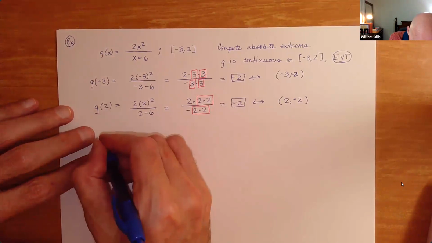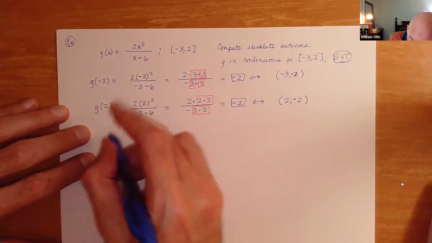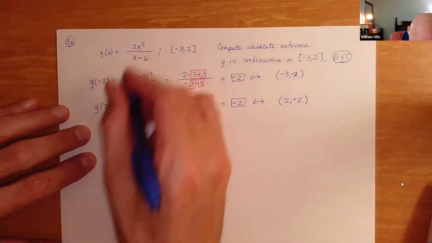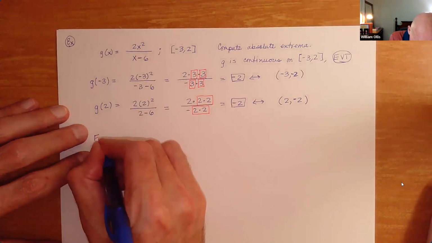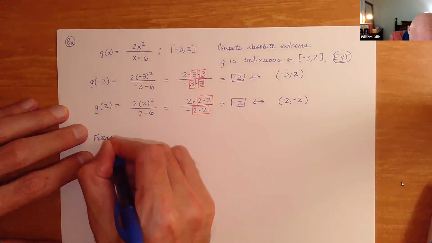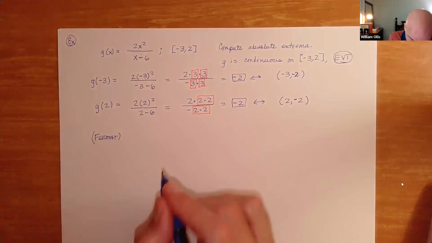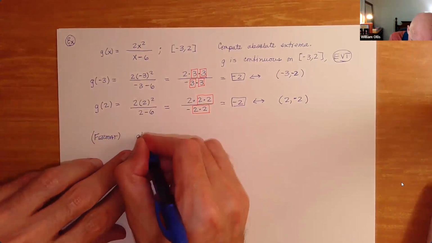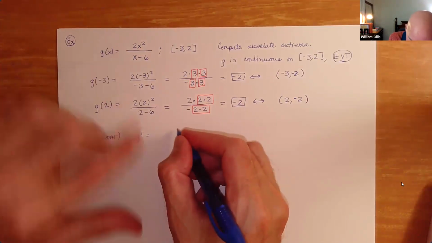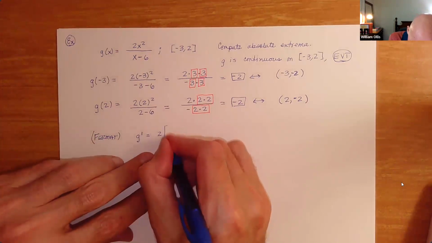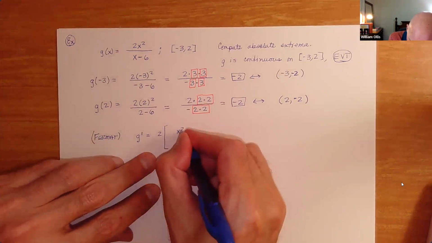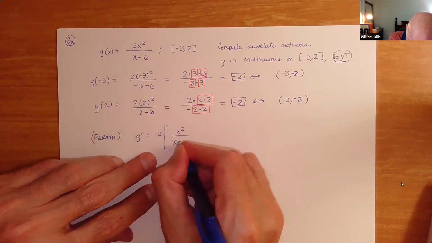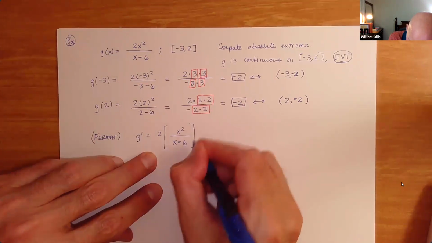Now let's do the derivative. So we want to think about Fermat. And of course, we can take the derivative. So let me just write here the Fermat part. So we have g prime. And if you like, you can factor the 2, and we'll just have x squared divided by x minus 6. The numbers always tell us what to do.